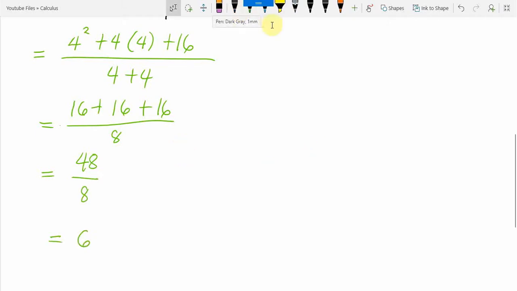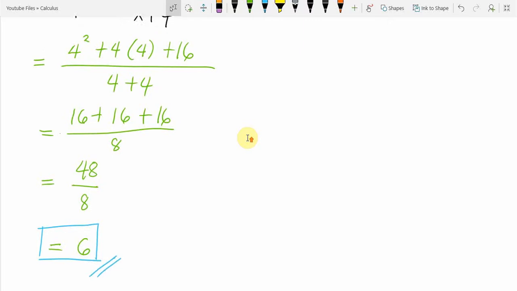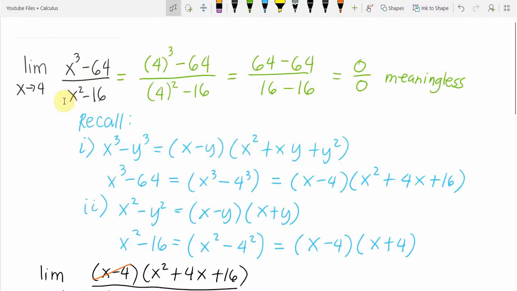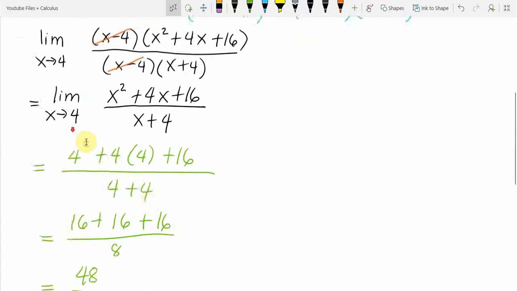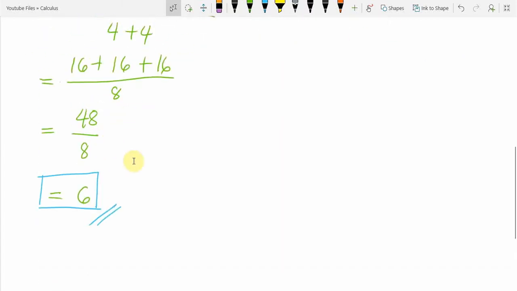And it resulted to not a meaningless result, because we get the number. And if the result is not meaningless, that is already our answer. So the limit of x cubed minus 64 all over x squared minus 16 as x approaches 4 is 6.